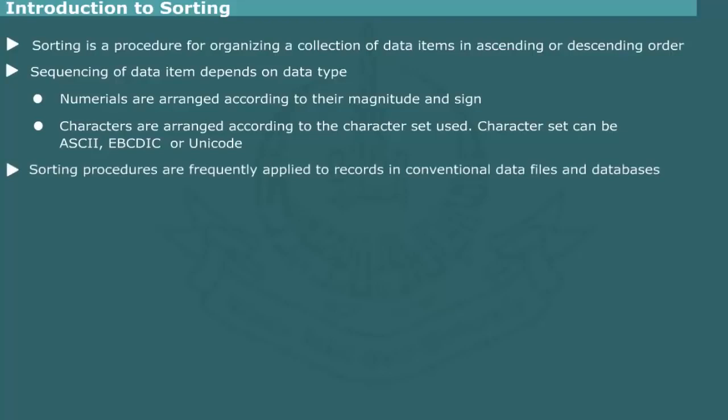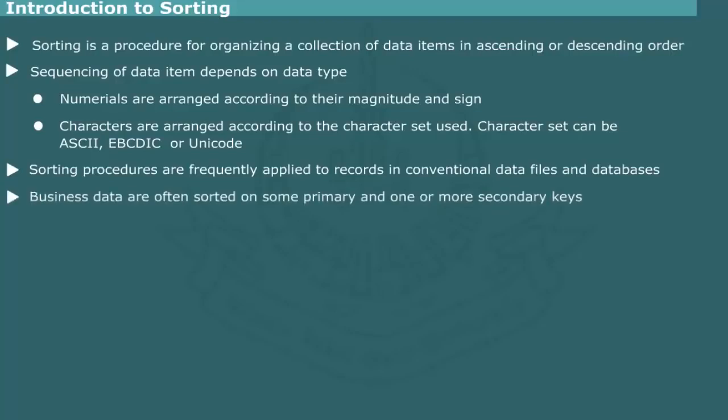Sorting is frequently applied to records in conventional files and databases. You would recall that in a database, each record consists of several data fields. Further, a record is uniquely identified by a key which may be composed of one or more fields.